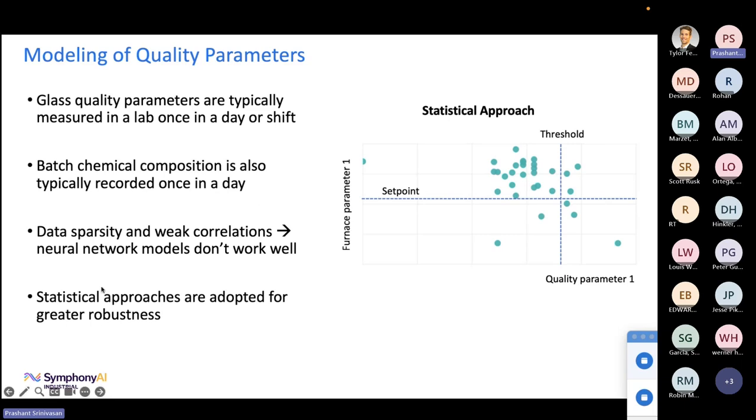So we also use statistical approaches which are more robust. So you look at, for example, the bottom temperatures and quality parameter and try to look at the correlation and build a statistical model or use some statistical rules for handling the quality parameters.